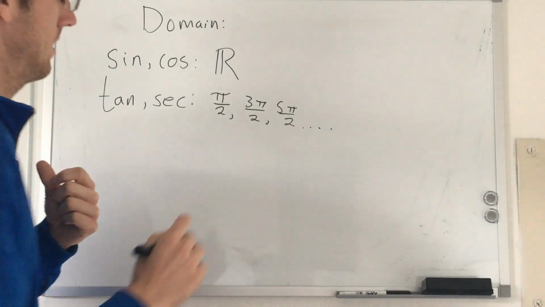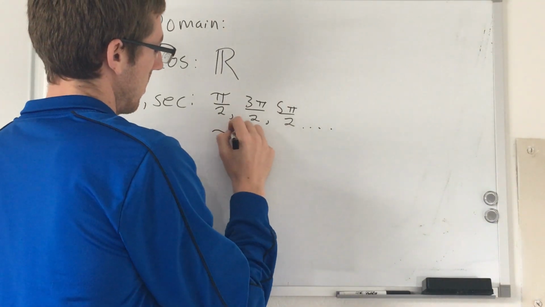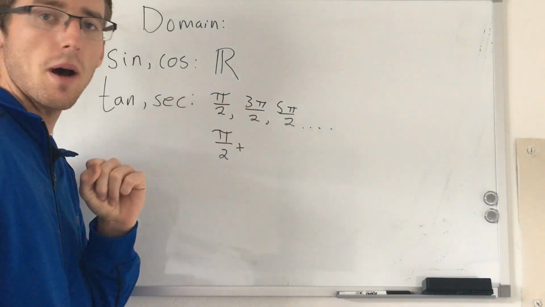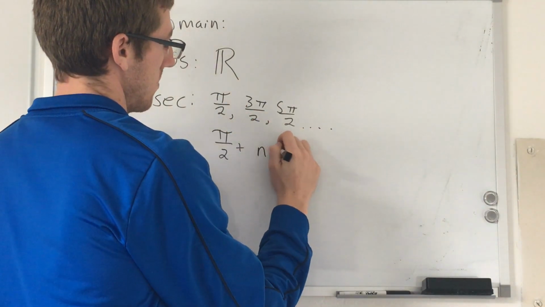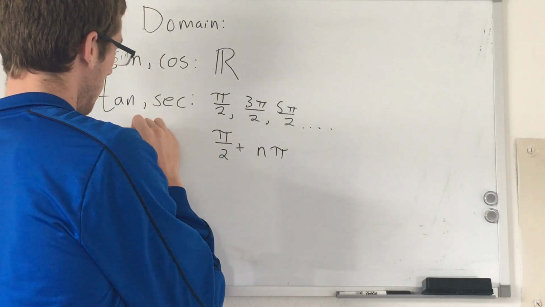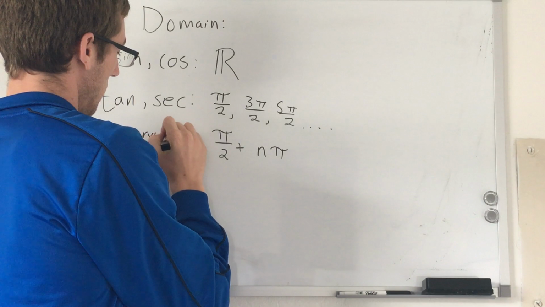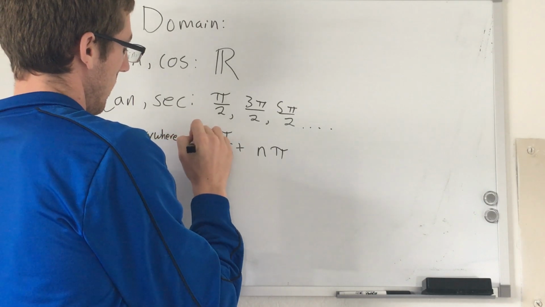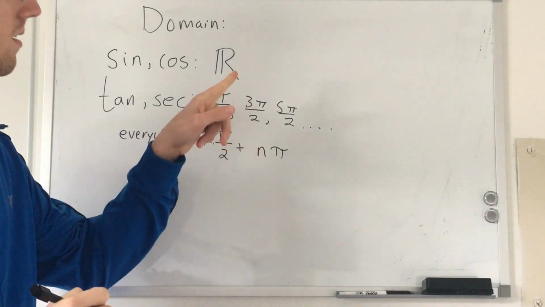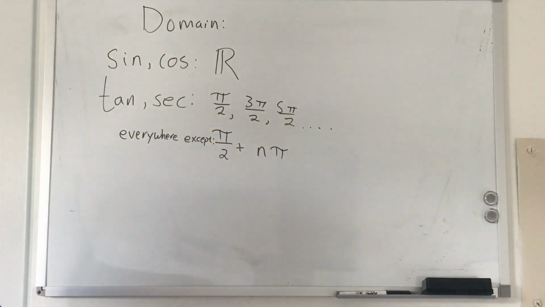You can keep going. So the fancy way of writing this is pi over 2 plus, oh look, we're adding pi every time, so you say plus n pi. So it's everywhere except pi over 2 plus n pi.